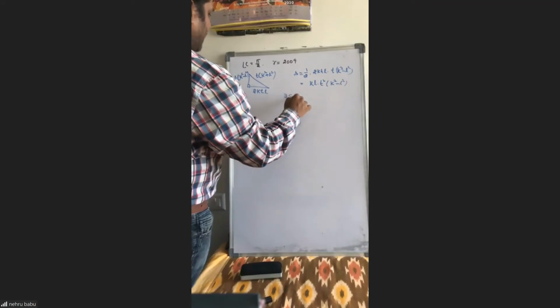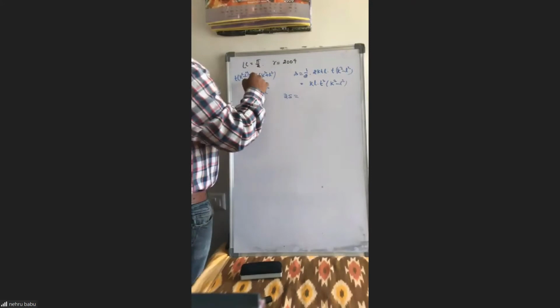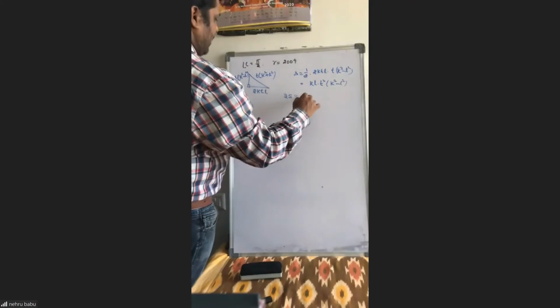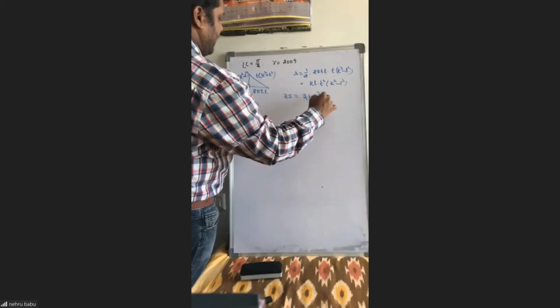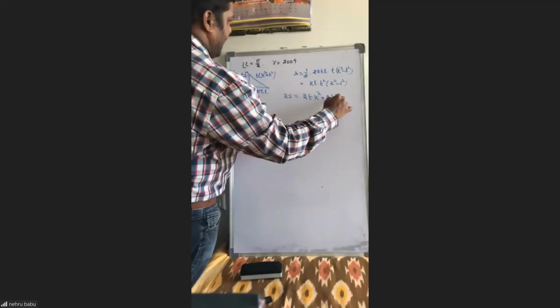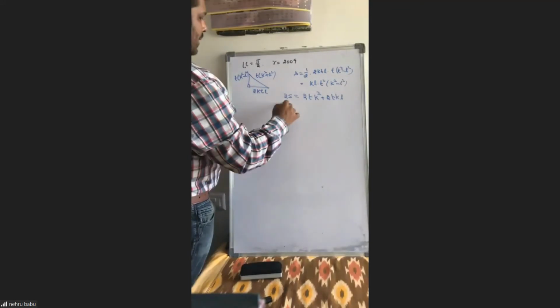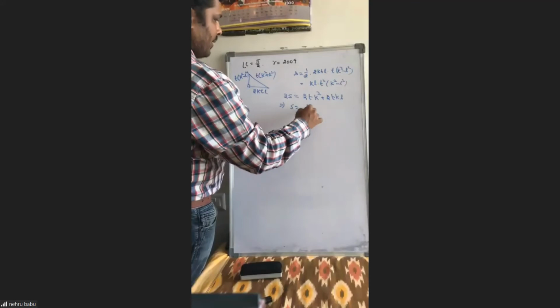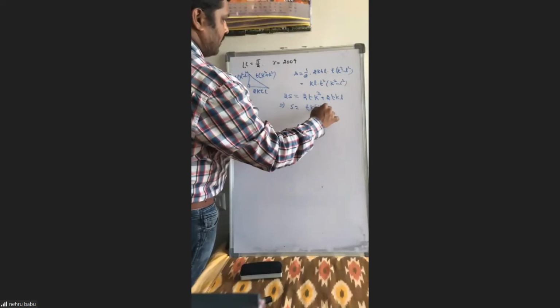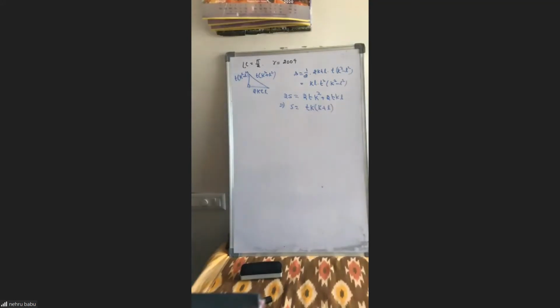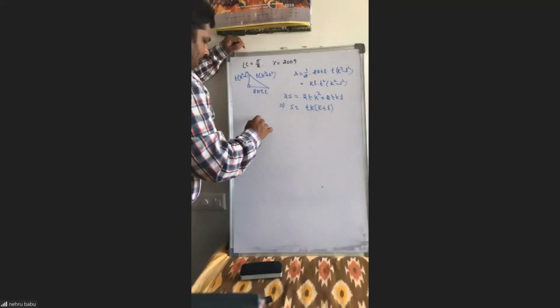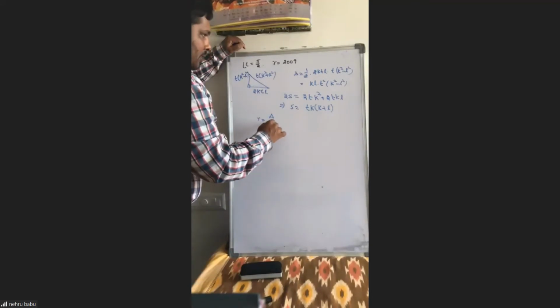Semi-perimeter. 2s equal to what? If you have these two results, tl square cancels. 2tk square plus 2tkl. So from this, s equals tk into k plus l. Now, r equals delta by s.